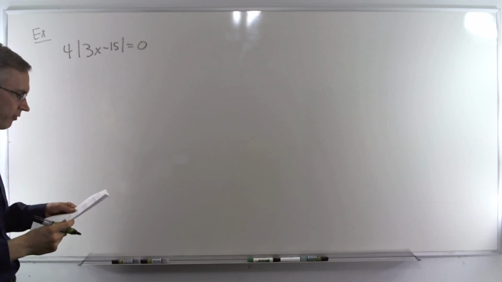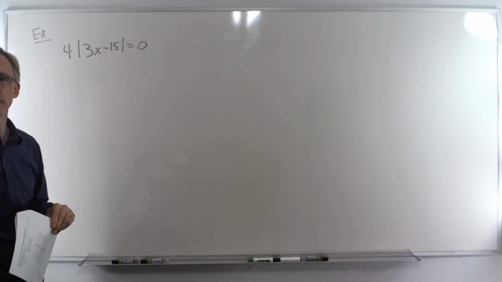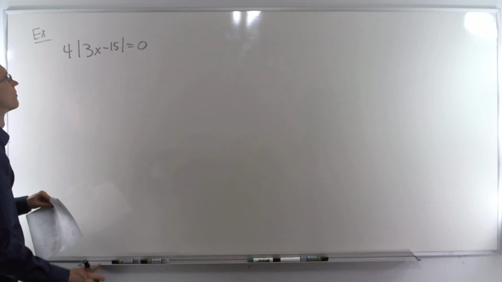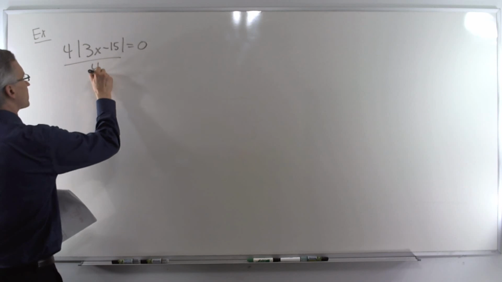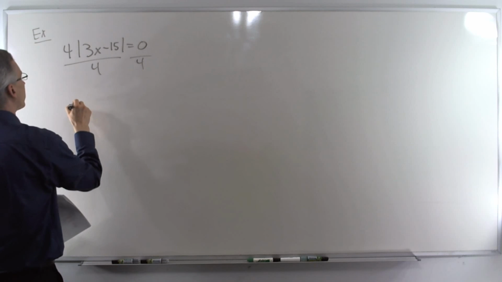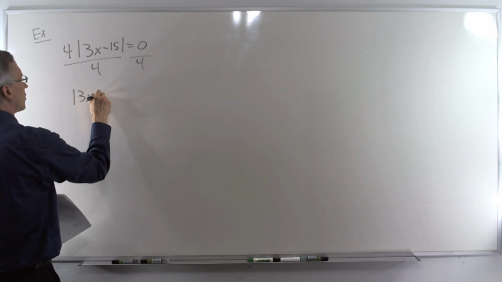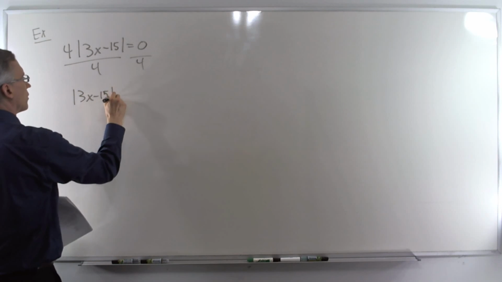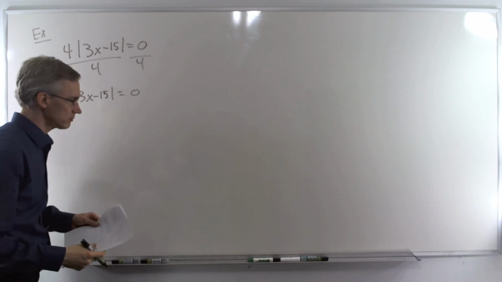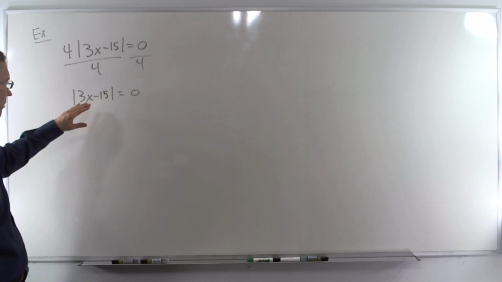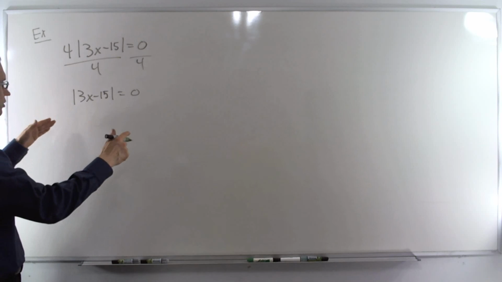Now we're going to solve 4 times the absolute value of 3x minus 15 equals 0. Now let's get this thing by itself. Divide both sides by 4. Now we've got it by itself, so now we can split up into 2 equations.